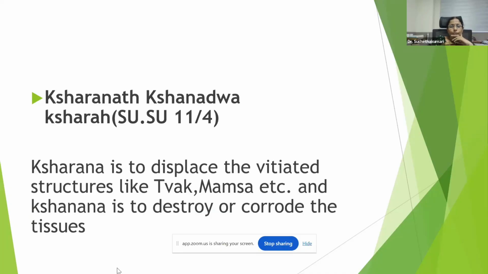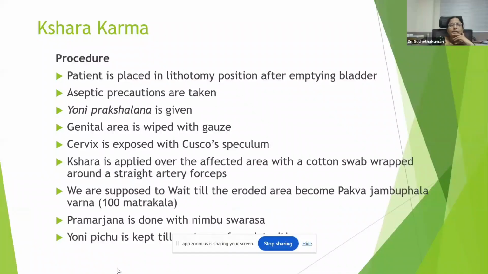In Prasuti Streeroga, it is used in conditions wherein we have to destroy or corrode tissues, such as cervical erosion, wherein we can see an overgrowth of the epithelium.